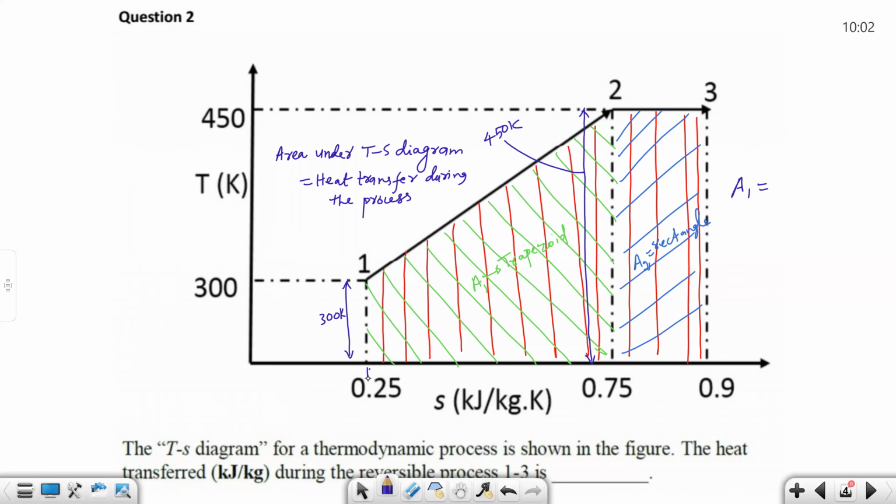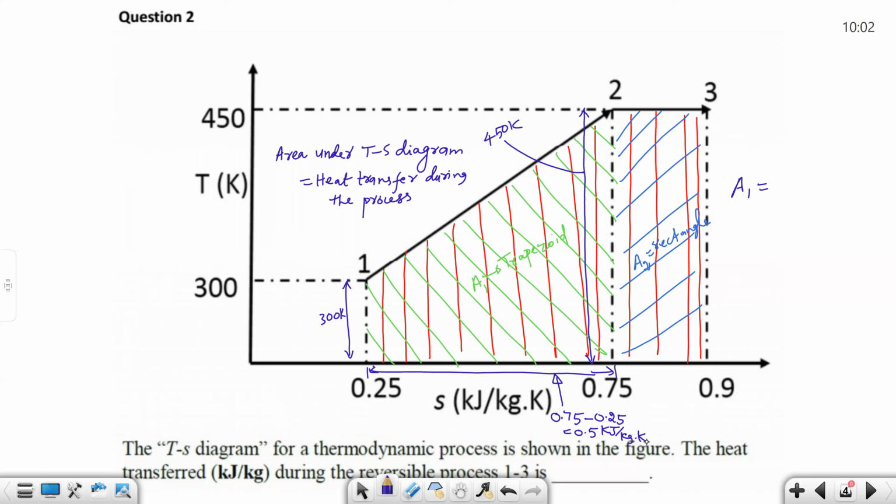This distance is 0.75 minus 0.25, equal to 0.5 kilojoule per kilogram Kelvin.